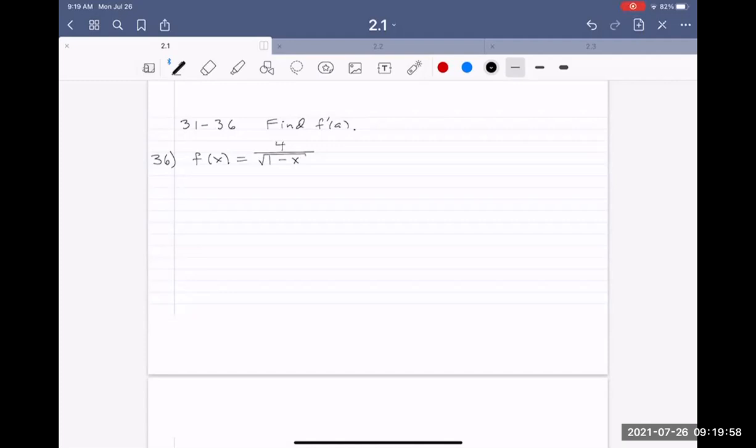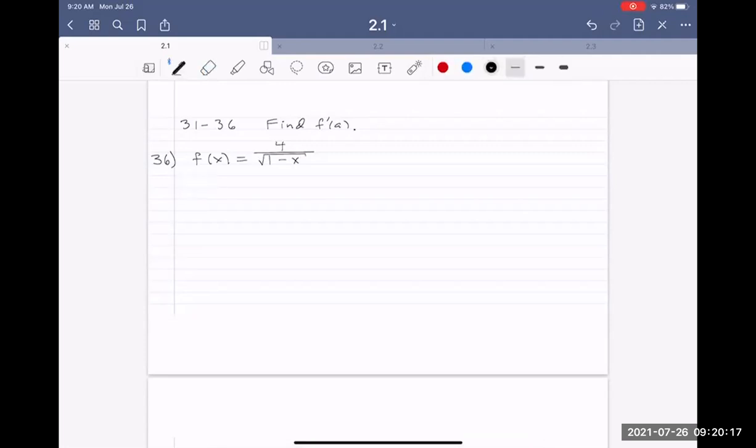Problem 36, f of x is equal to 4 over the square root of 1 minus x. So first, let's figure out the domain of f. Well, let's figure out the domain of f prime. Note the following.